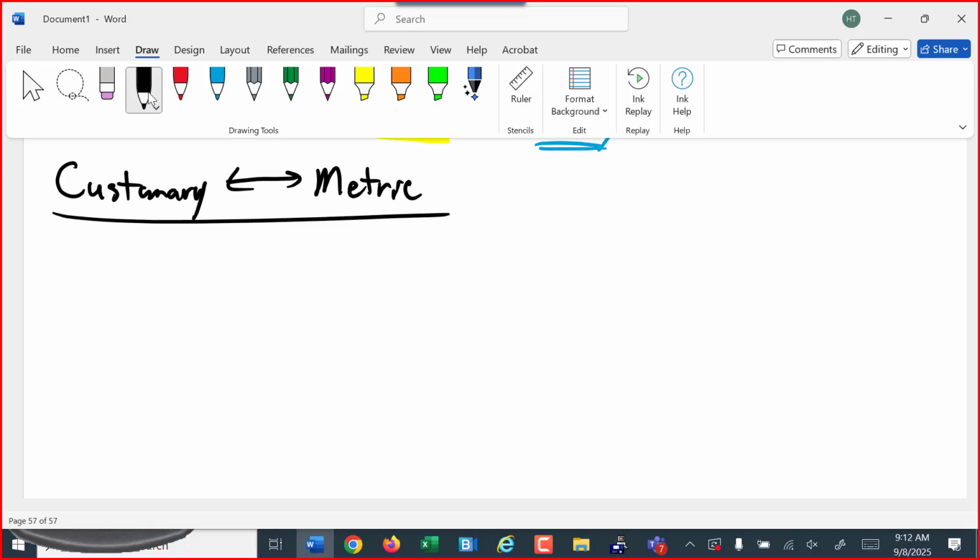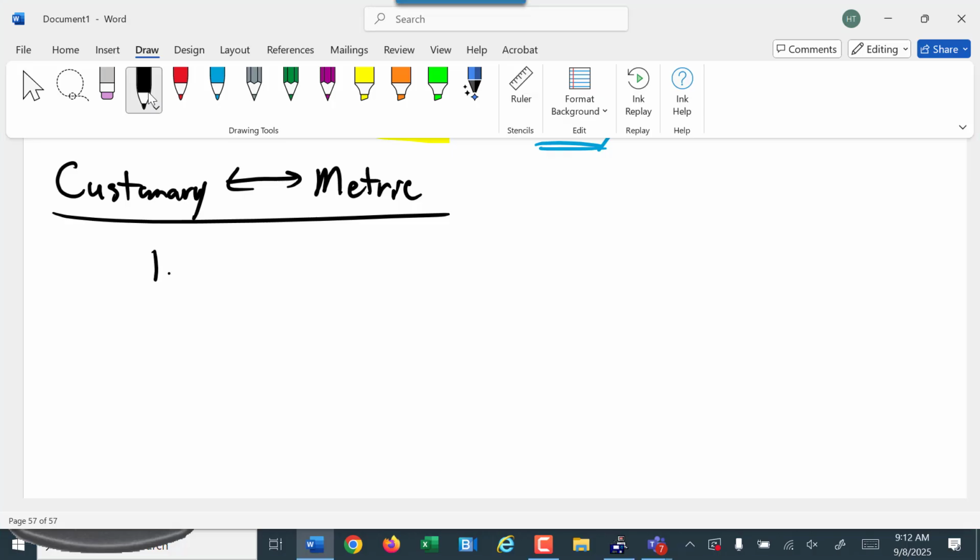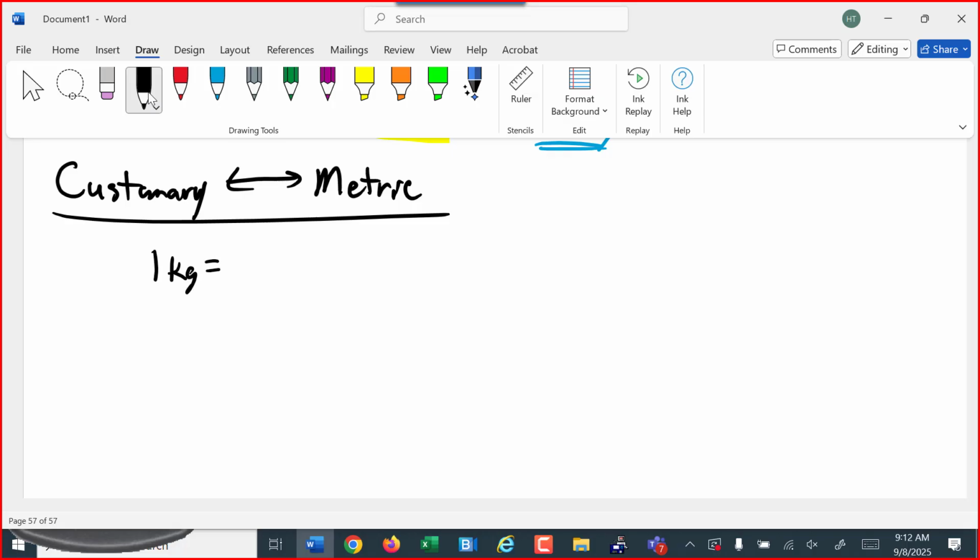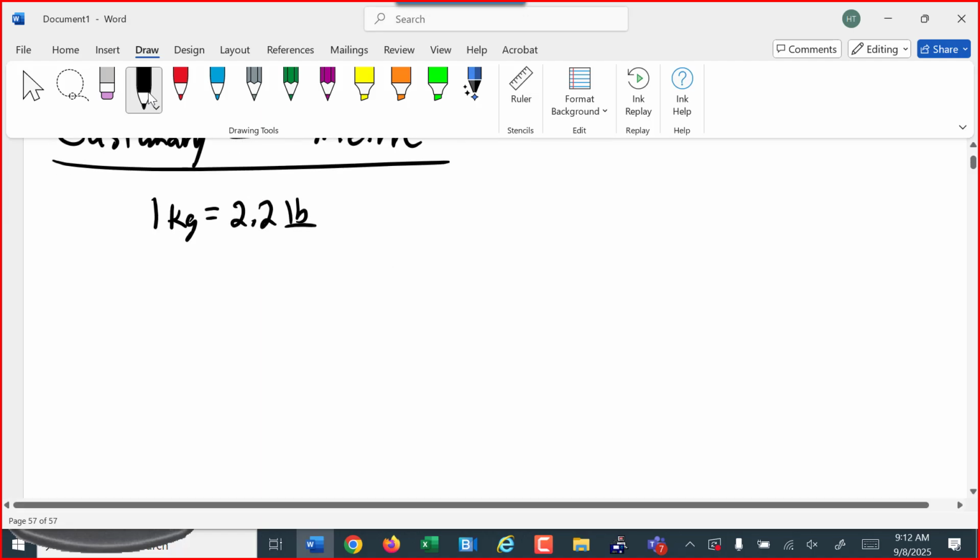And probably the most common equivalency that you will need is to know that 1 kilogram is 2.2 pounds. More and more of our medications are going to be dosed based per kilogram rather than pounds as time moves on. So that conversion is very important.